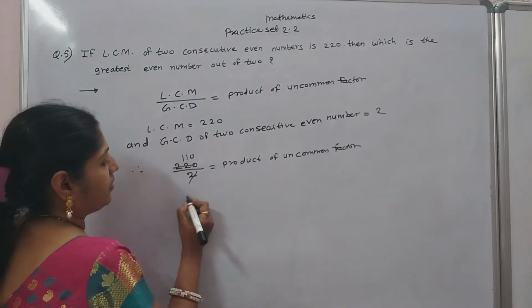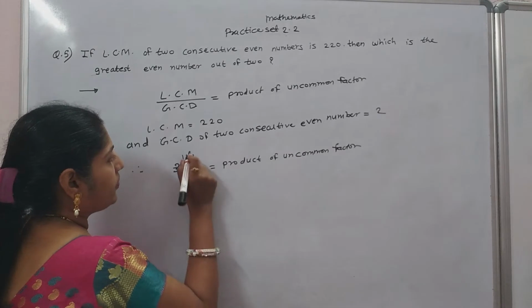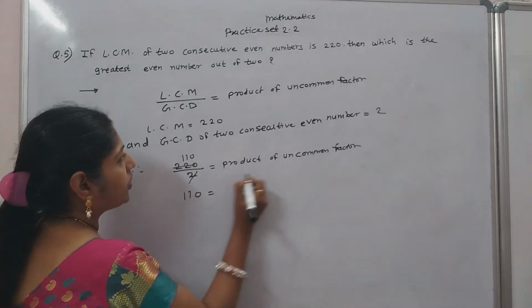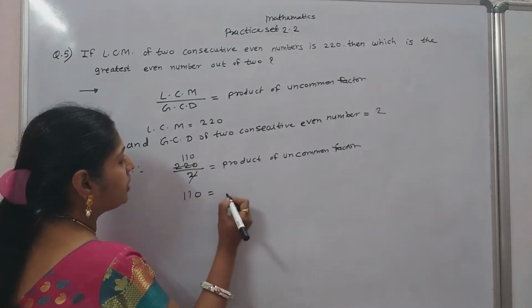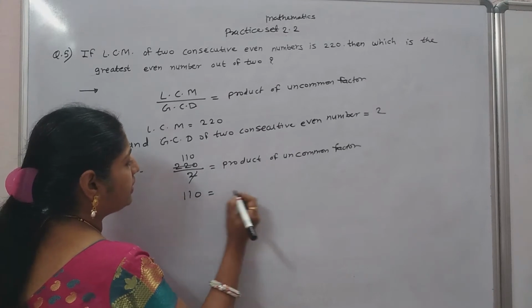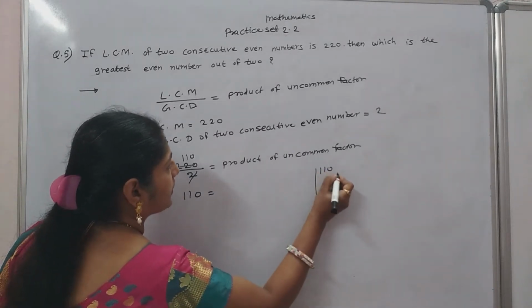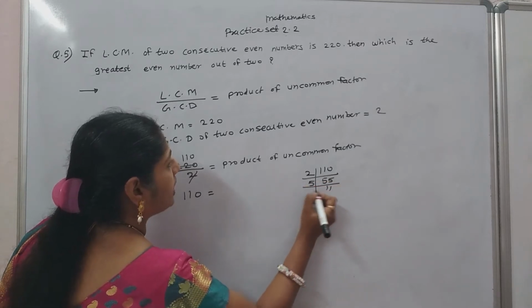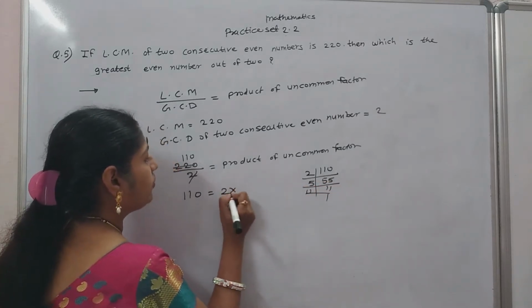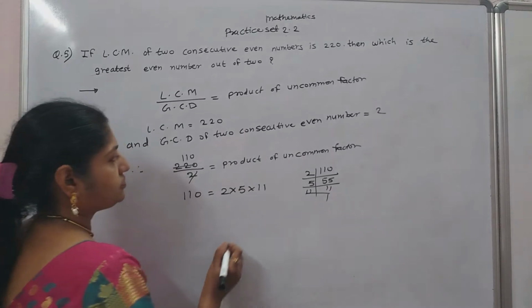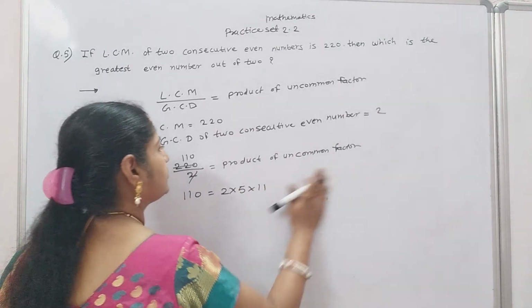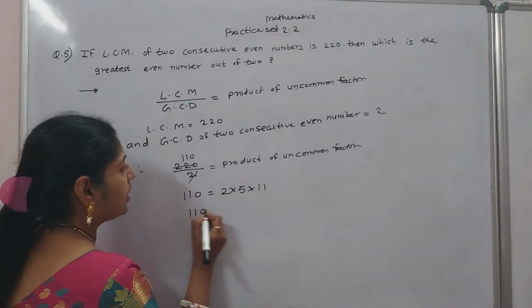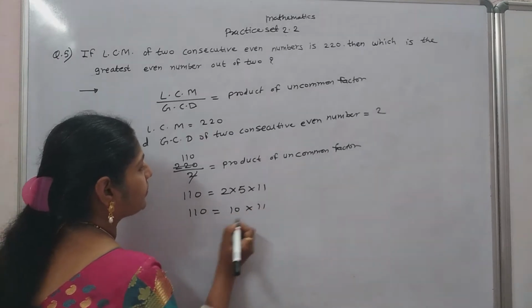That is 110. Now write down the uncommon factors of 110: 2 into 5 into 11. So the numbers are 10 and 11.